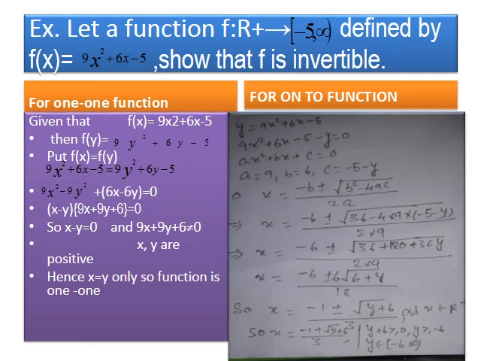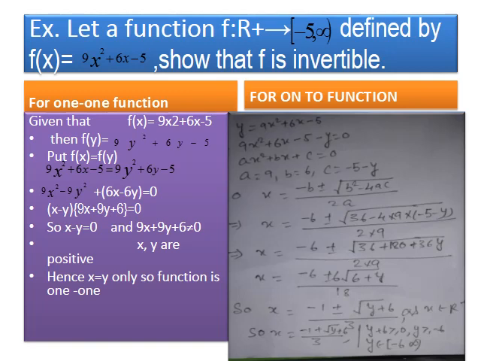Okay everyone. Now for onto function, we have to write the given function as y equals 9x square plus 6x minus 5. After shifting y to the right side, we get 9x square plus 6x minus 5 minus y equals 0. Now we have to compare with ax square plus bx plus c equals 0. So we get a equals 9, b equals 6, c equals minus 5 minus y.